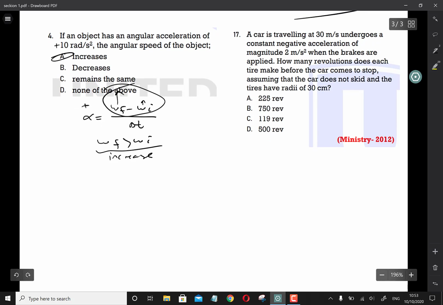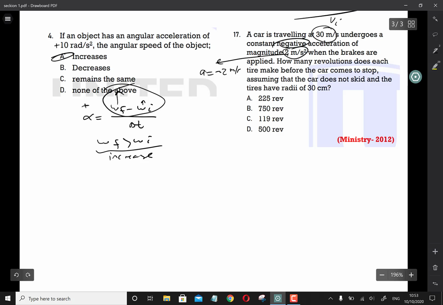And question number 7. A car is traveling at 30 meters per second and undergoes a constant negative acceleration of magnitude 2 meters per second squared when the brakes are applied. So the linear values are given. This is the initial linear speed. The acceleration is negative 2 meters per second squared because it says negative in the question.